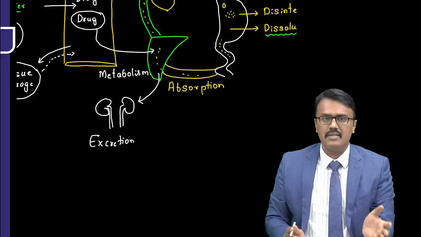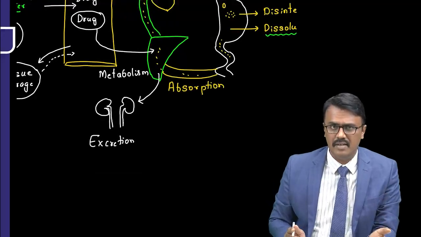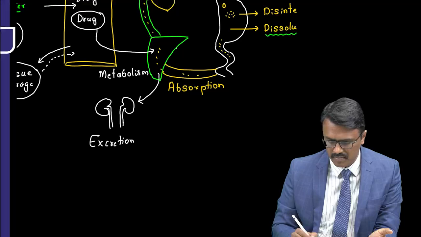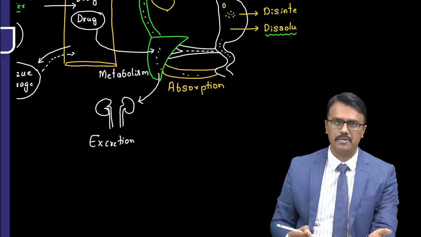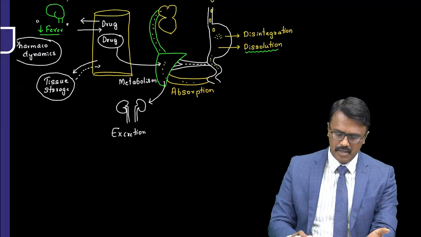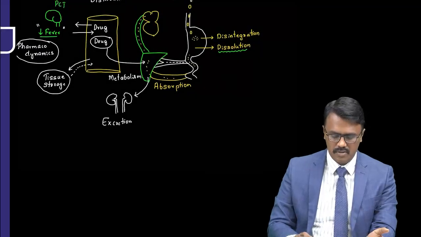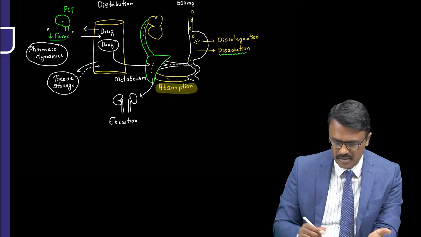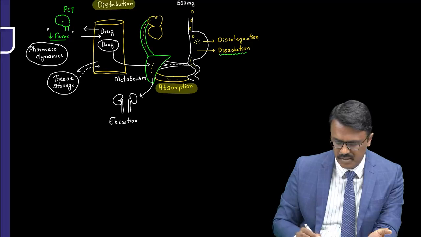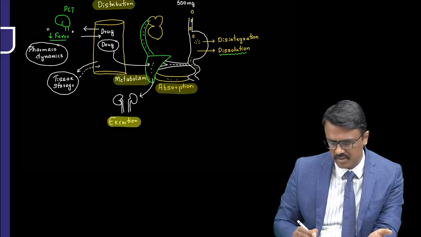The major site for excreting a drug is the kidney, that is through the urine, or sometimes it can be thrown out with the help of the bile. So in the bile also it can be excreted. So this is what we are going to study in the future videos: drug absorption, drug distribution, then drug metabolism, and drug excretion.